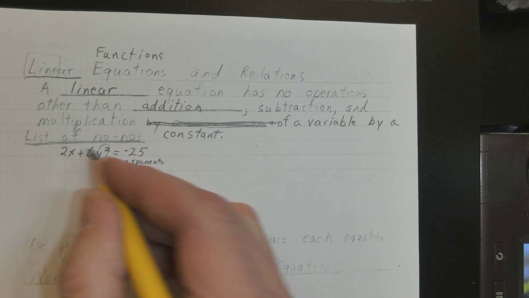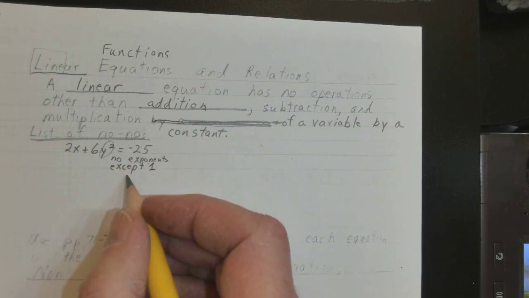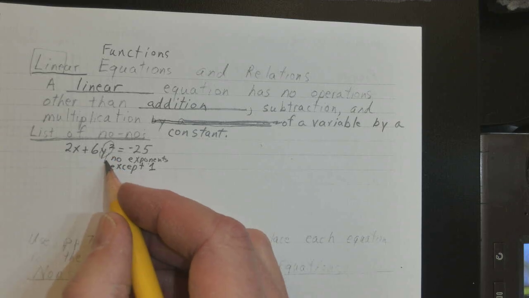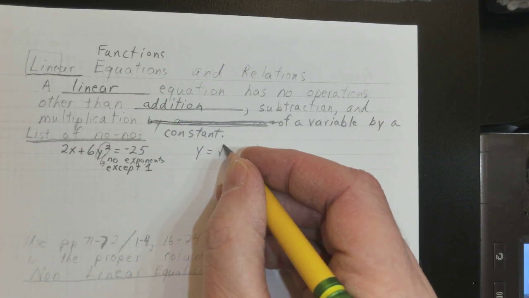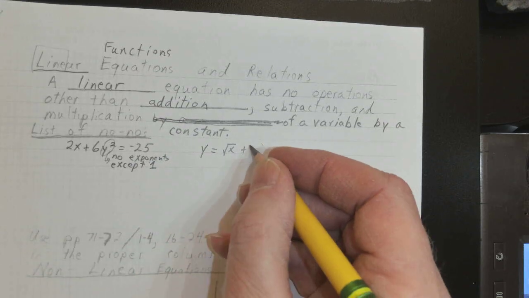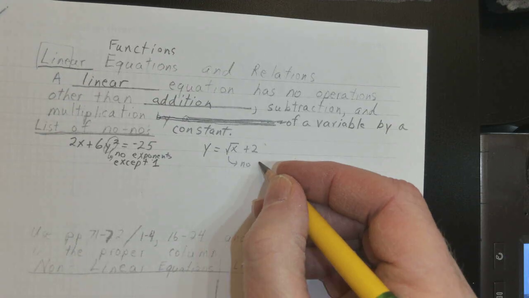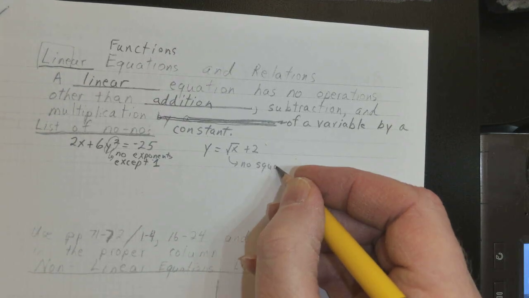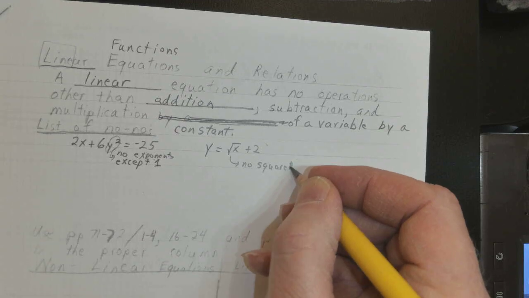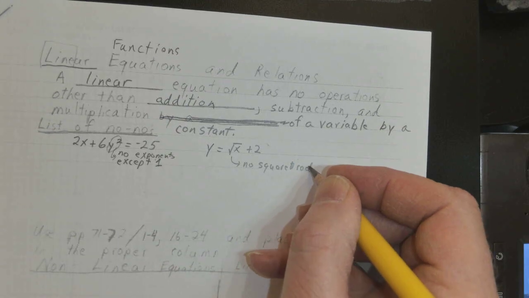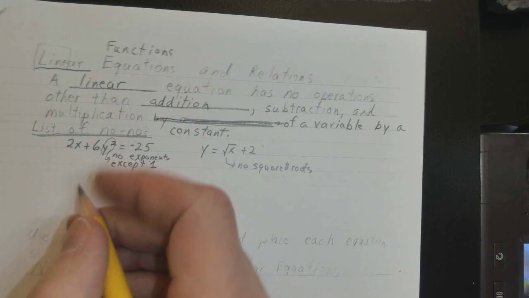Like this is 2x to the first power, right? No exponents except one on your variable. Y equals square root of x plus 2. No square roots of variables. You can have square root of a number, but no square roots of the variable.